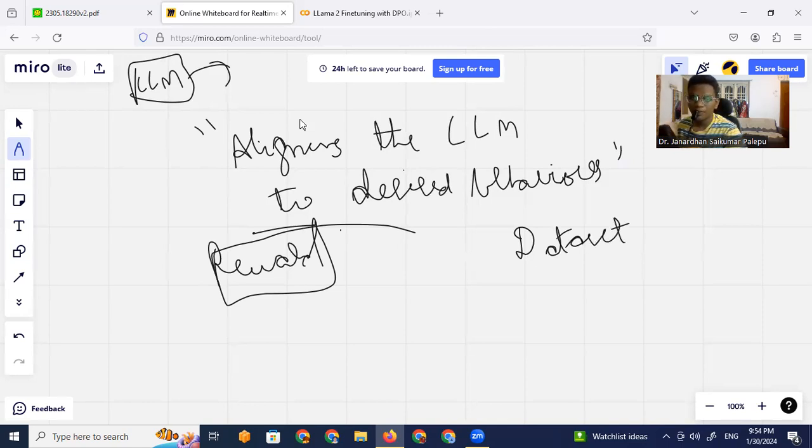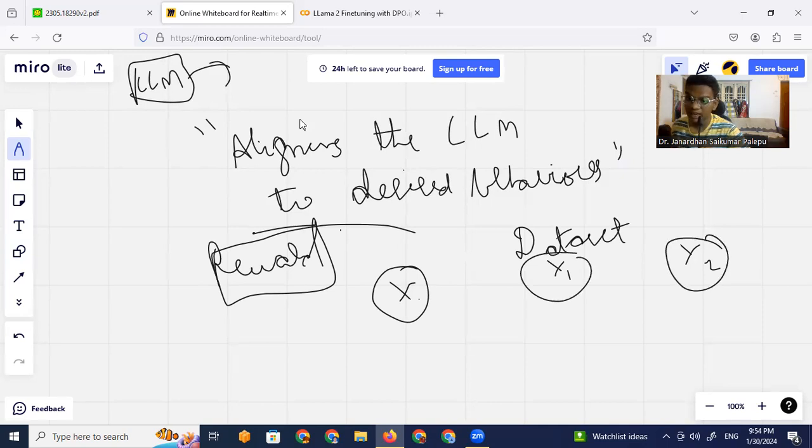For example, for question x there may be two answers, y1 and y2, and we'll have the desired answer: y1 is the desired answer, while y2 is not. We'll have many rows like this, each question with two or more answers in which the desired answer is shown. The reward model is trained on this data set.